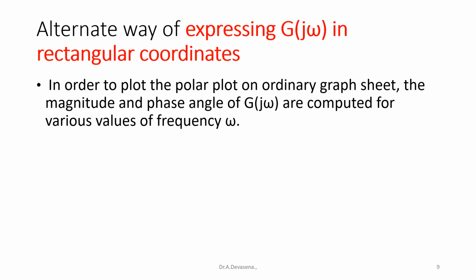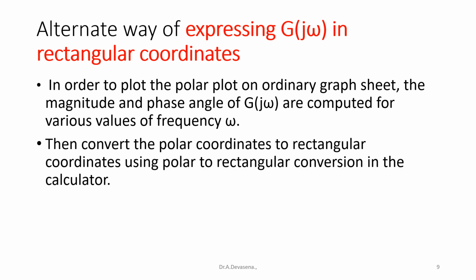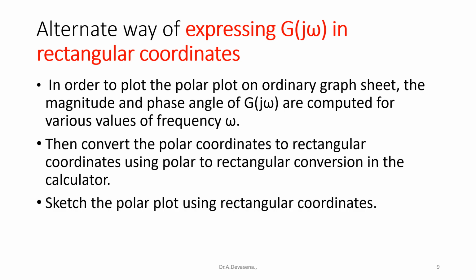In order to plot the polar plot on ordinary graph sheet, the magnitude and phase angle of G of j omega are computed for various values of frequency omega. Then convert the polar coordinates to rectangular coordinates using polar to rectangular conversion in the calculator. Sketch the polar plot using rectangular coordinates.